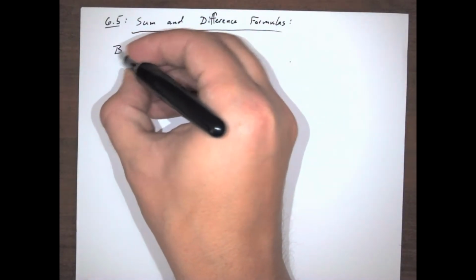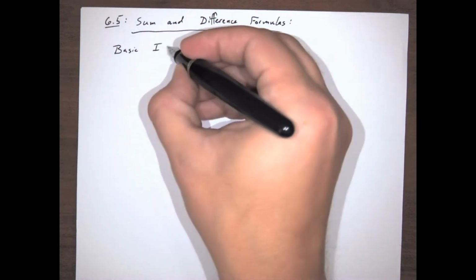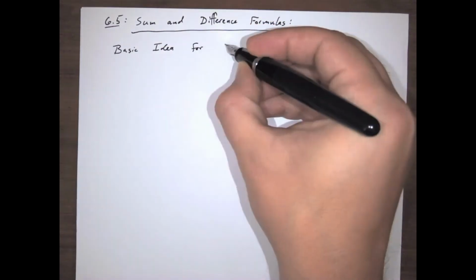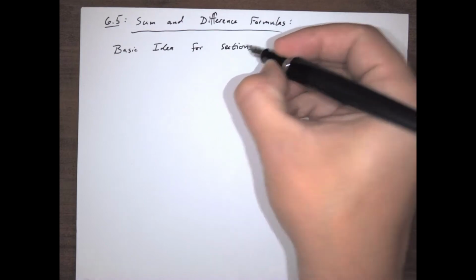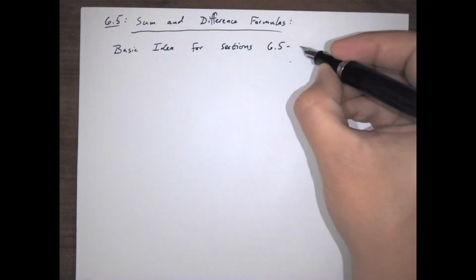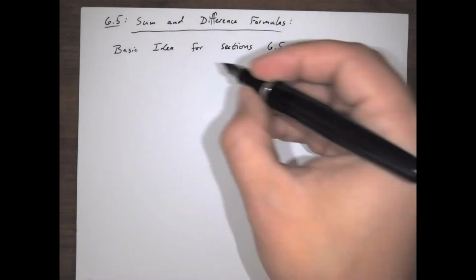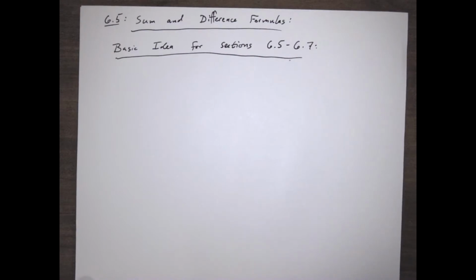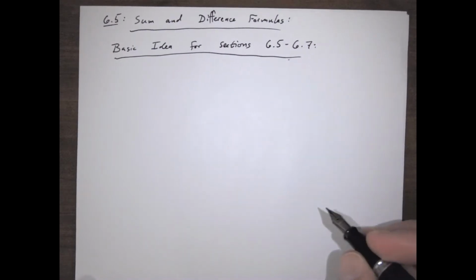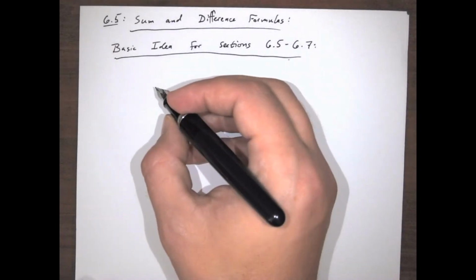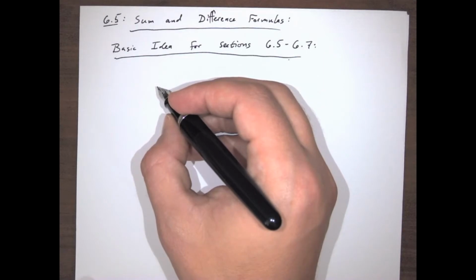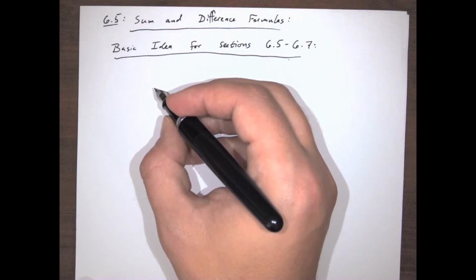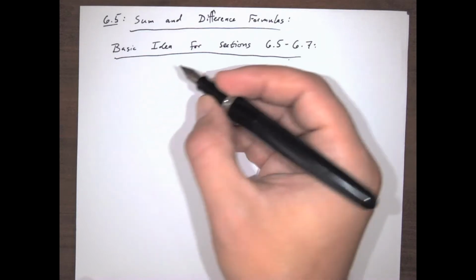Alright, so the basic idea here for sections 6.5 through 6.7: there are a wide variety of formulas that we can use, and they are all based on relatively simple ones. They will be used to find the trig functions of new values based on known trig functions of old values.